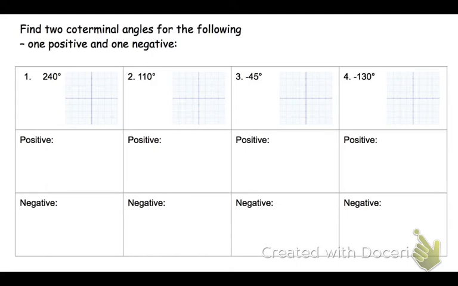So we are going to have a little more understanding of coterminal angles. Given these 4 examples, we are going to draw a positive and a negative angle for each of the following.